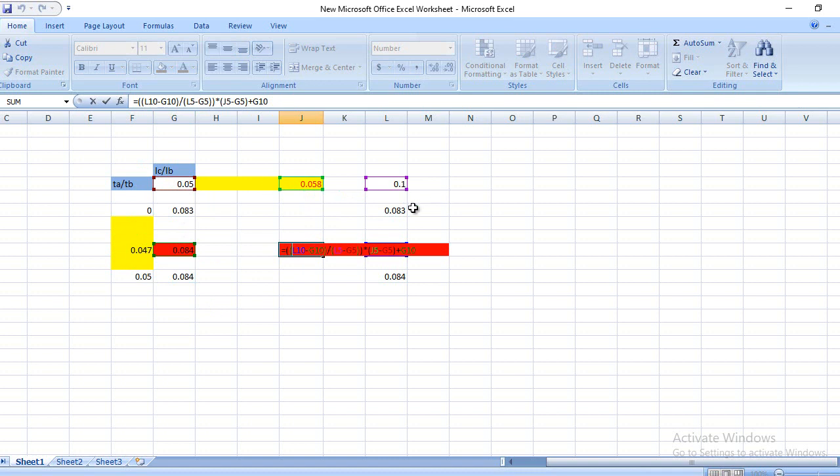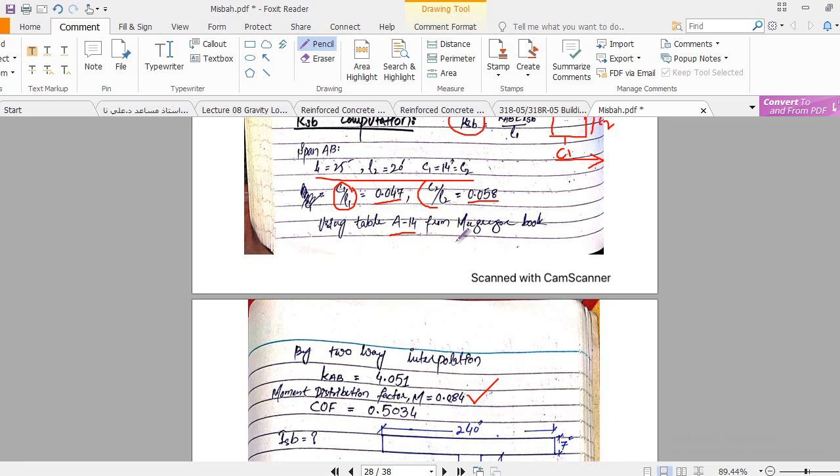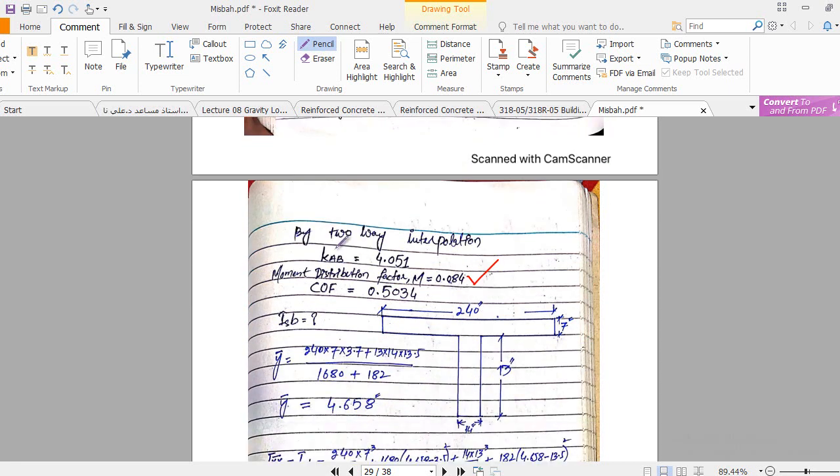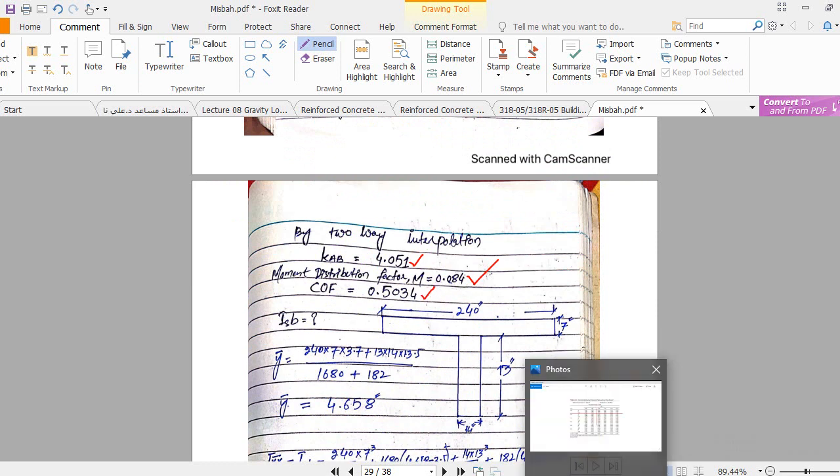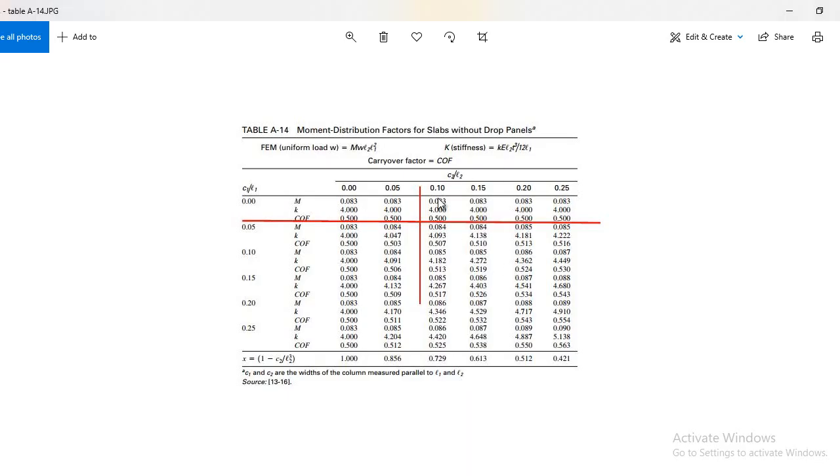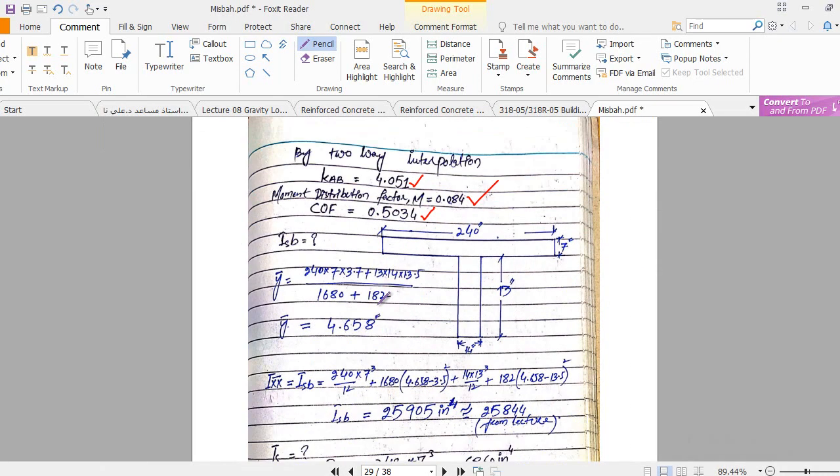If we don't calculate this value and this value, we are unable to find this value, clear? Next, similarly you have to find KAB and COF from the same table, by this interpolation technique.